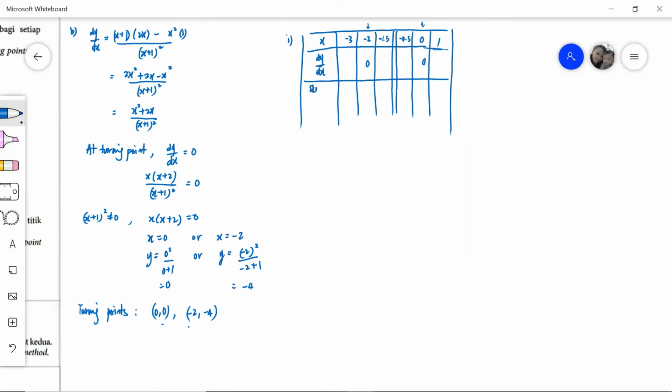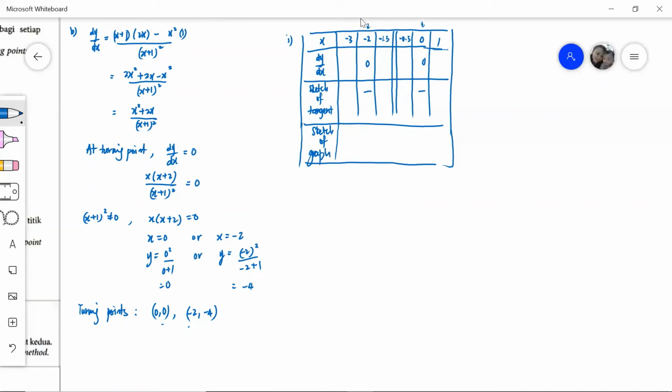Therefore, the sketch of the tangent will be a horizontal line, flat like this. After that, we combine the tangent before and after so that we can sketch the graph.